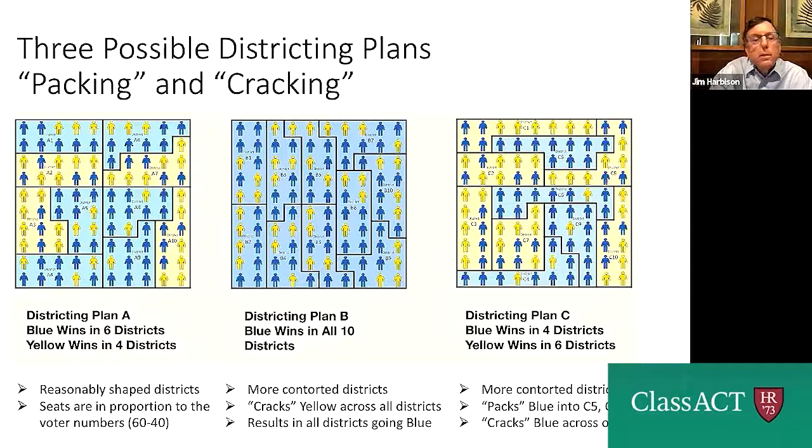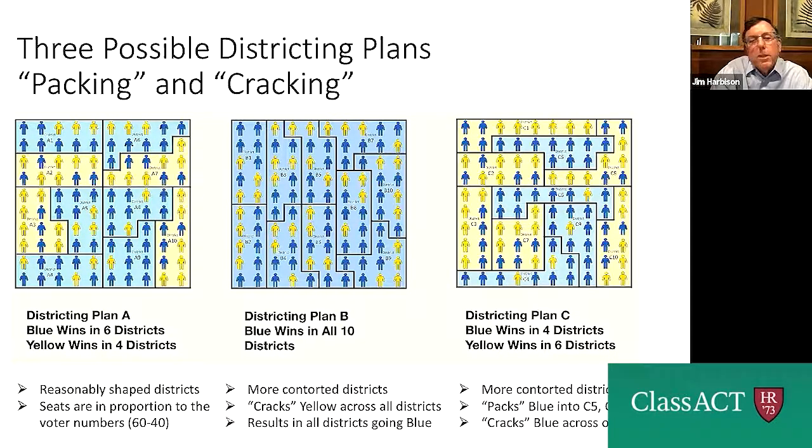The left plan has reasonably shaped districts. If you take a look at it closely, you'll see that 6 seats go to the blue and 4 go to the yellow. That's quite reasonable. If 60% of the voters are blue, you expect them to get a few more seats. That's kind of a reasonable, ungerrymandered way of doing things.